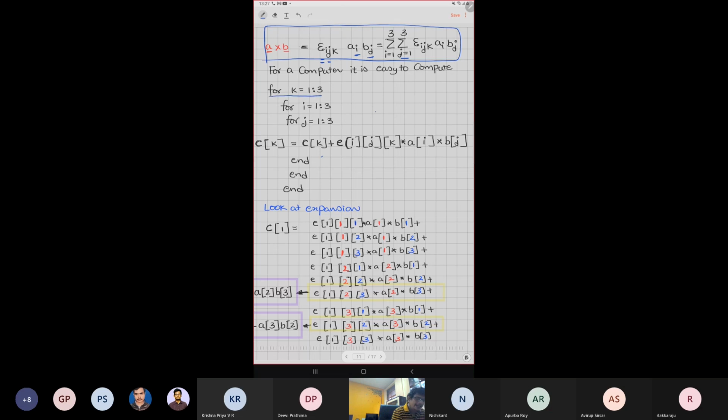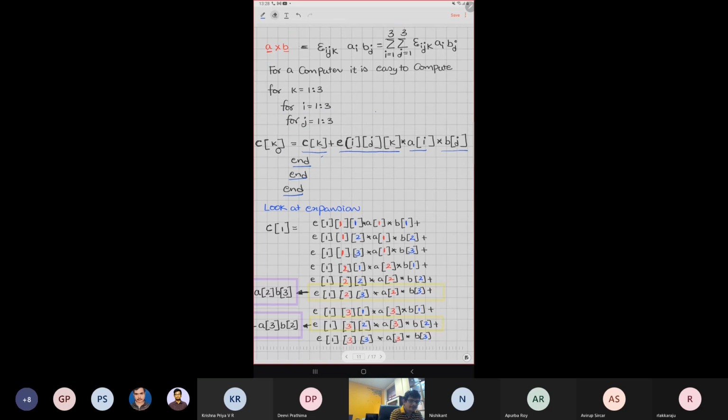For k equals 1, 2, 3, because that is the free index, for i equals 1, 2, 3, for j equals 1, 2, 3, c_k plus equals e_ijk a_i b_j, end. This loop is good enough to calculate the complete cross product of vectors.